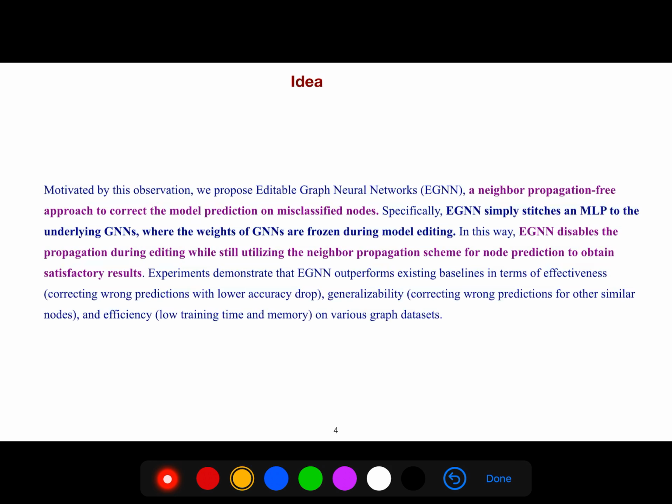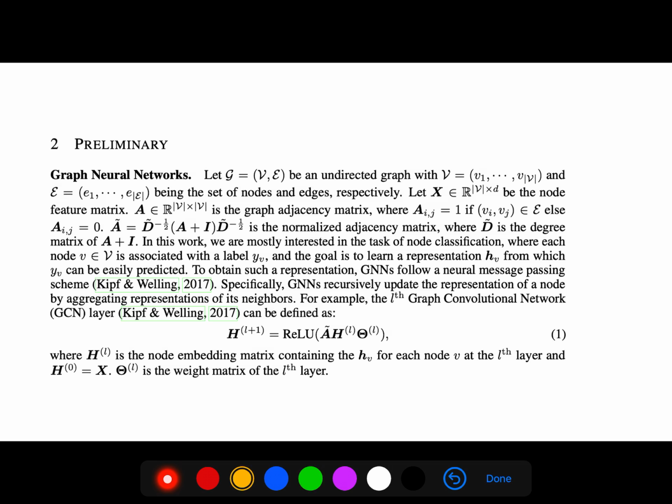In this way, eGNN disables the propagation during editing while still utilizing the neighbor propagation scheme for node prediction to obtain satisfactory results.